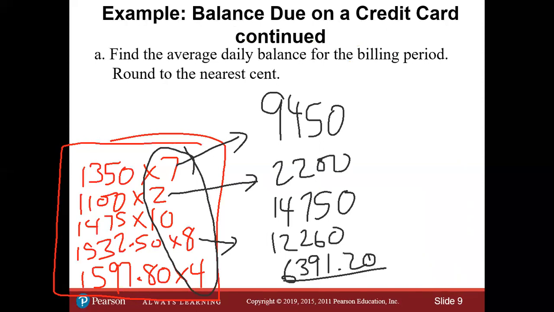The products, next step is add them all up. Because all I'm really doing is adding all 31 unpaid balances. But writing out all 31 of them is going to be much more work, time consuming, harder to keep track of, I think.